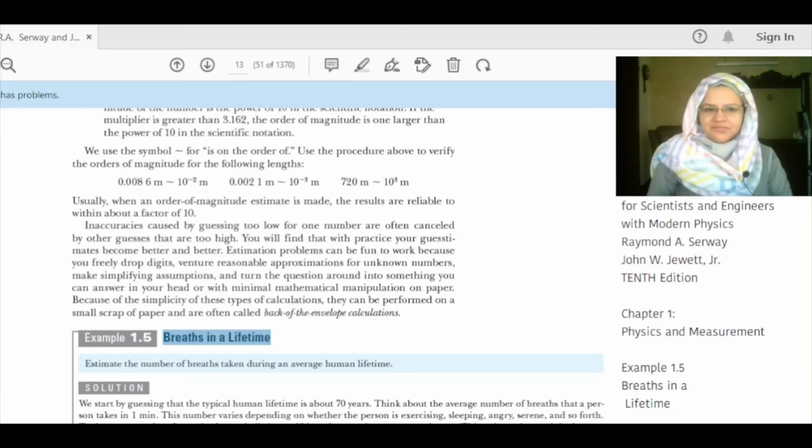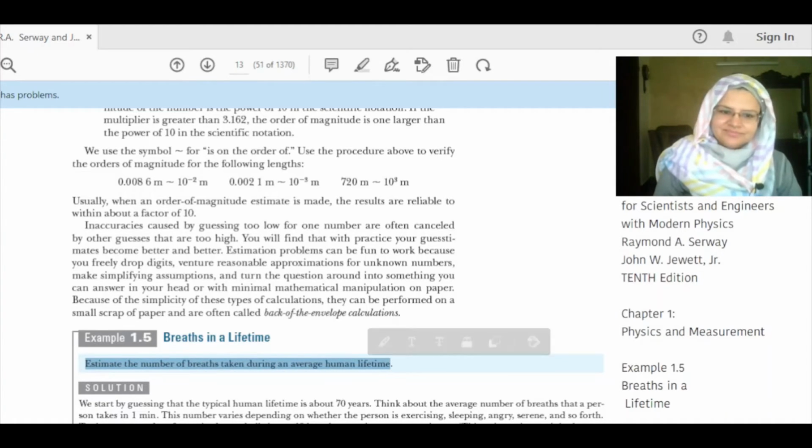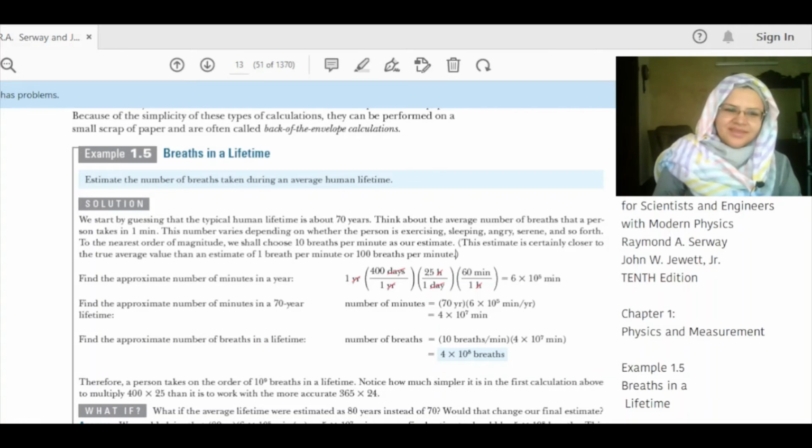Example 1.5: Breaths in a lifetime. Estimate the number of breaths taken during an average human lifetime. We start by guessing that a typical human lifetime is about 70 years. Think about the average number of breaths that a person takes in 1 minute.